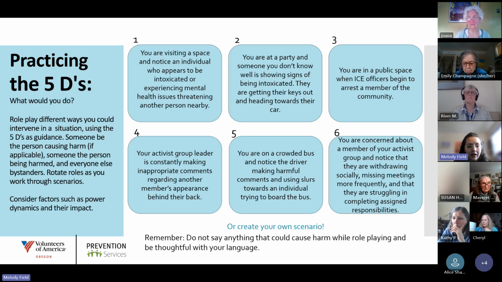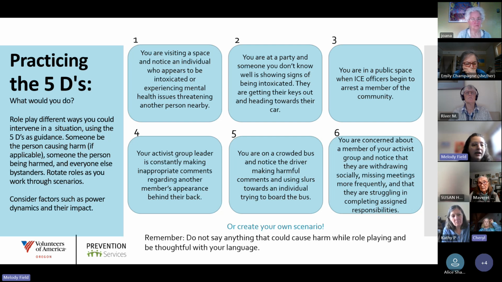I'll give you maybe 5 to 10 minutes to work through one or a combination of these scenarios as a group. We do encourage people, if you feel comfortable, to role play different ways that you could intervene using the 5Ds. But if you feel more comfortable just discussing the scenario and how you would intervene, that is also okay.